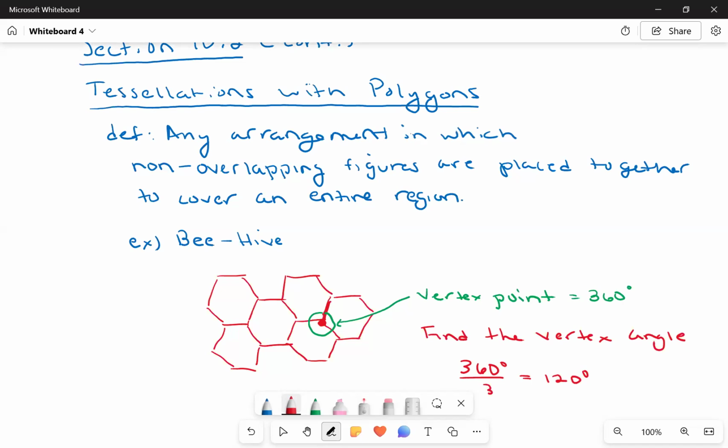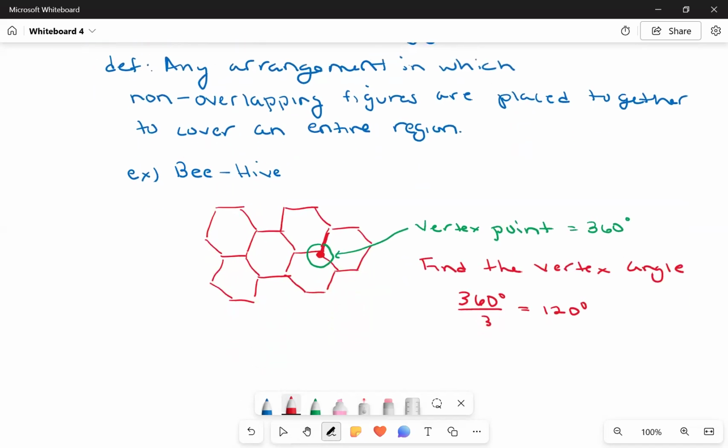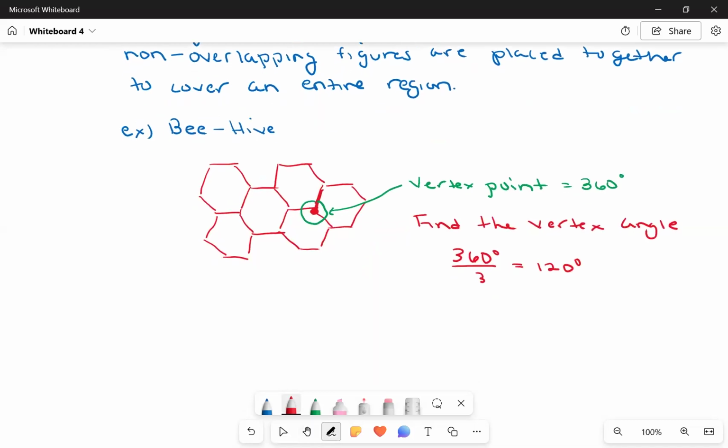So that's kind of cool. We can use tessellations to create some lovely little patterns. But first, we want to figure out what shapes we can use in tessellations, because not all the shapes work together nicely. So we see that a hexagon works.